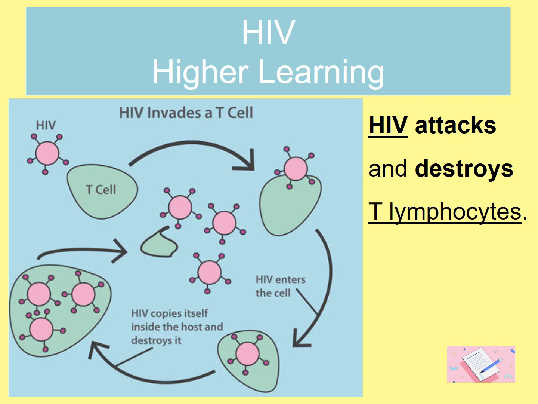An immunodeficiency disease results from the absence or failure of some component of the immune system, which leaves the person susceptible to infection. HIV is one of these such infections. HIV, otherwise known as human immunodeficiency virus, attacks T lymphocytes.